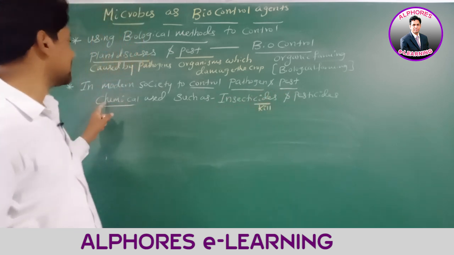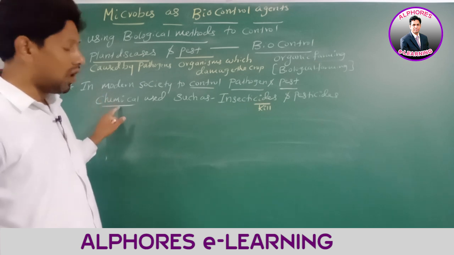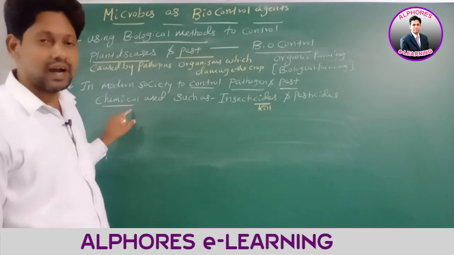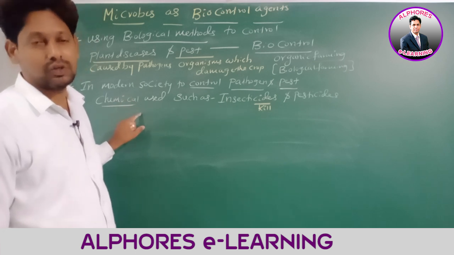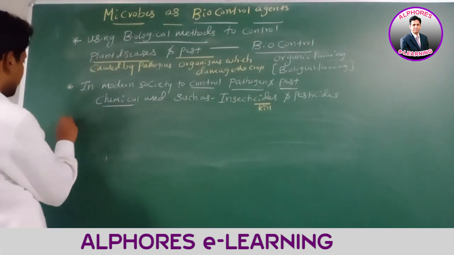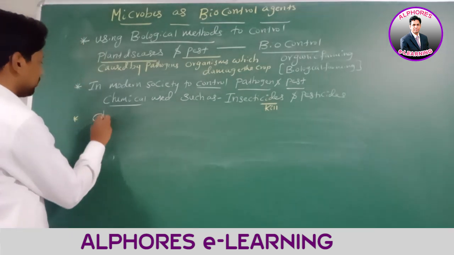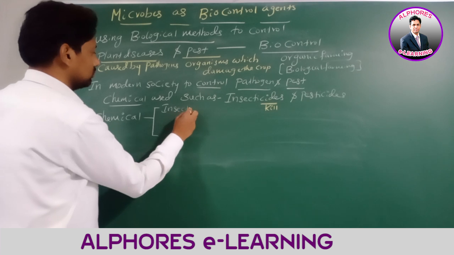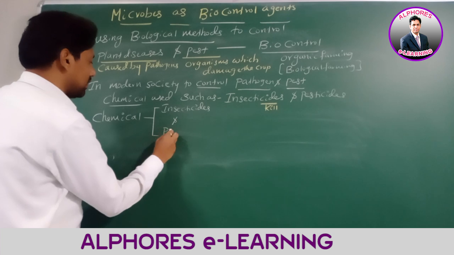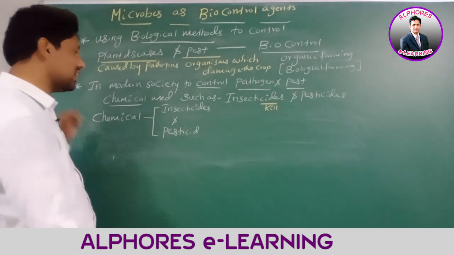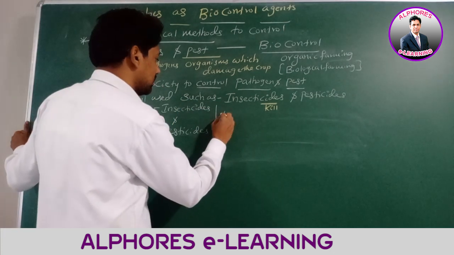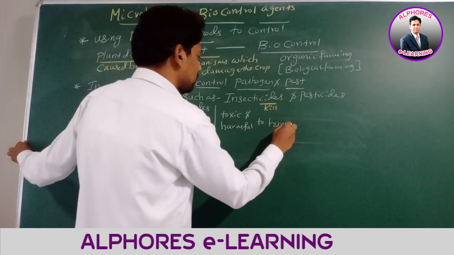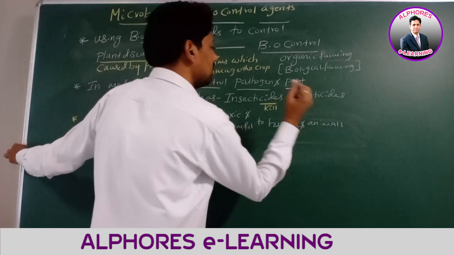These insecticides and pesticides are chemicals, right? But these chemicals are toxic and extremely poisonous, extremely harmful to humans as well as animals. What more are they doing, sir?